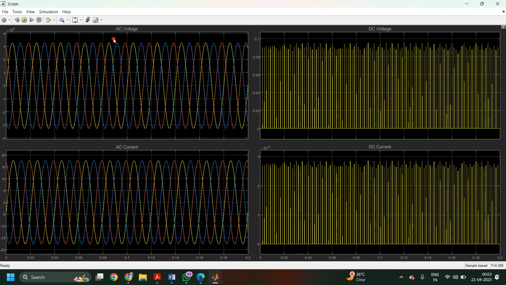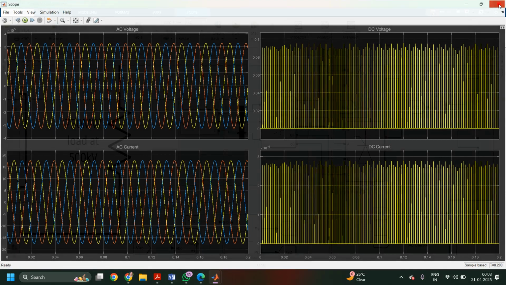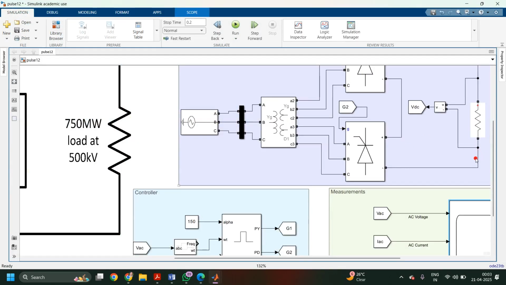At 150 degree, this is not giving the DC voltage because here we do not have any DC source. If the DC source is here, then that power will be transferred from the receiving end to the sending end side. If you add the DC source here, that power will be transferred from load to source side.